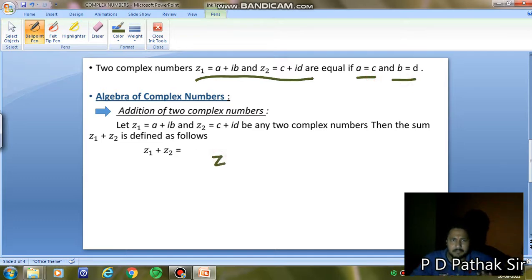What are complex numbers? In the previous video we studied that z equals a plus iota b. The number which is in the form a plus iota b is called a complex number, and generally it is denoted by z.